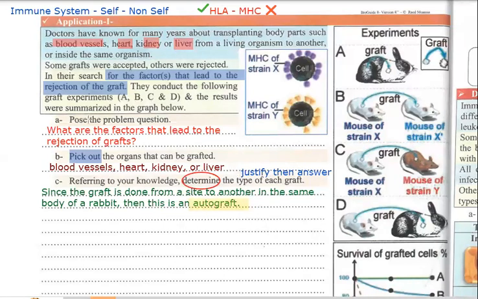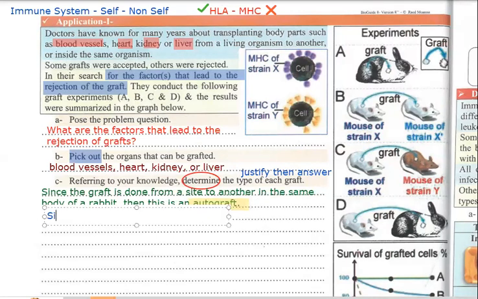Okay, now the second one. It is from a mouse of strain X to another mouse of strain X. So it is the same type or same version. They are identical. Which kind of graft is this when it's done between two identical bodies? It is an isograft. Yes.